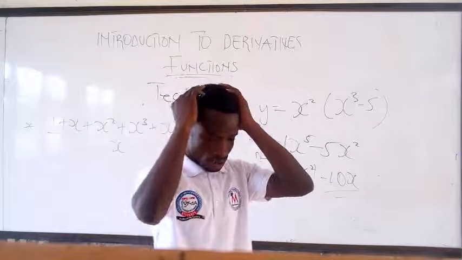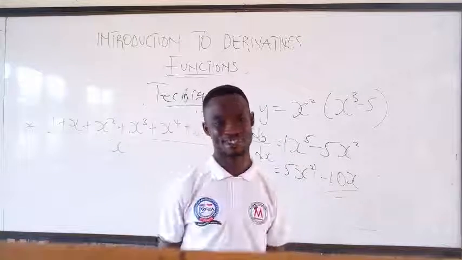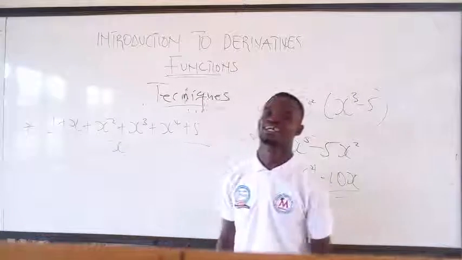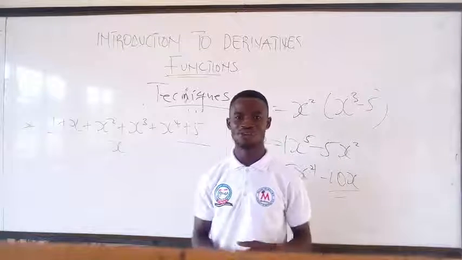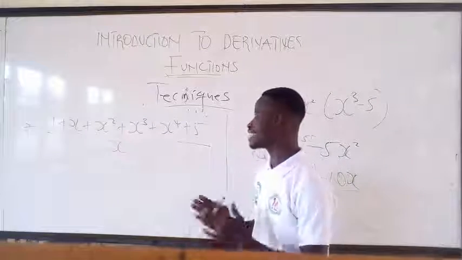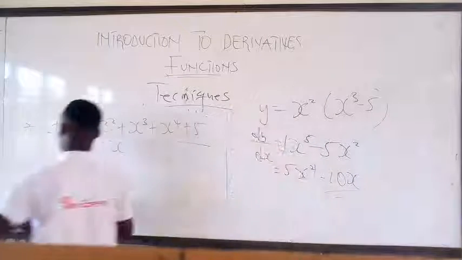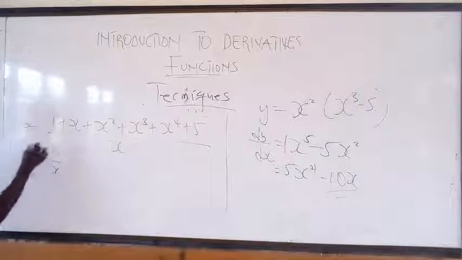Woo, sir. We haven't solved a similar question like this, so I can't do it. Please, you can do it. We have solved similar, but then the numerator wasn't too lengthy like this. But the idea is just simple. Divide each term by the denominator here. So we can get 1 over x.